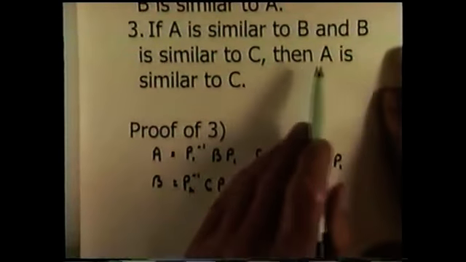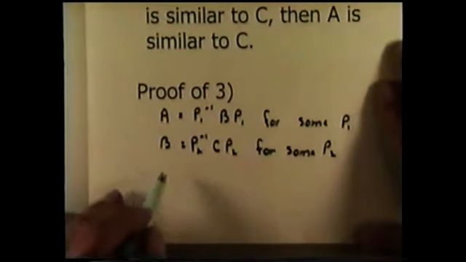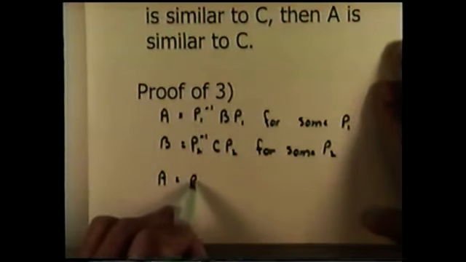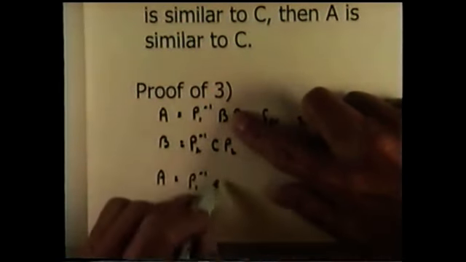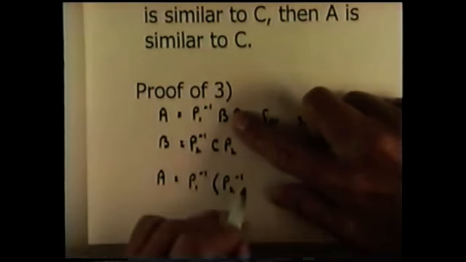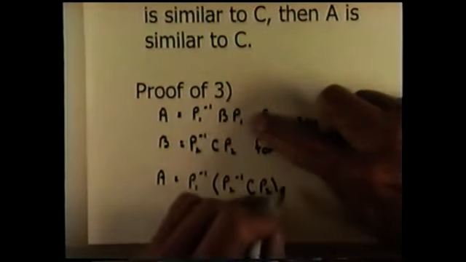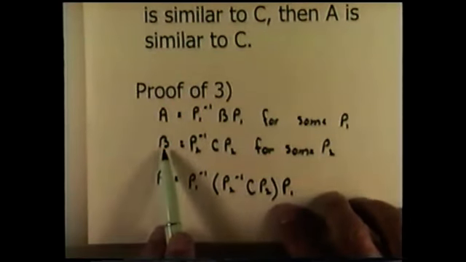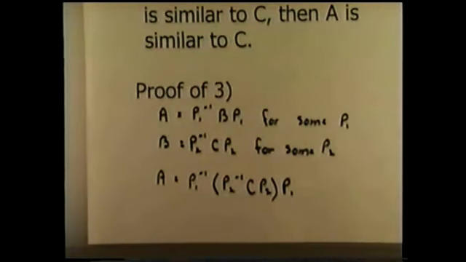Now, what we want to prove is that A is similar to C. So I'll start working with A, and A is P1 inverse, and I'm going to replace B by what it's equal to, which is P2 inverse C P2, times P1. So all I'm doing here is replacing B from this statement by what B is equal to.